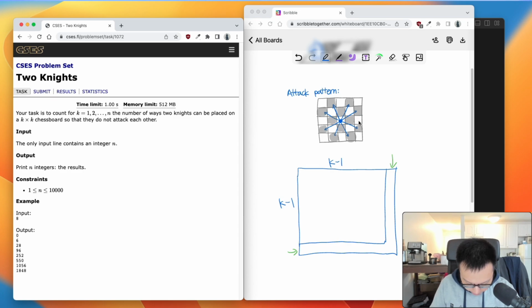So let's check this. Suppose we are in the first column of the last row.